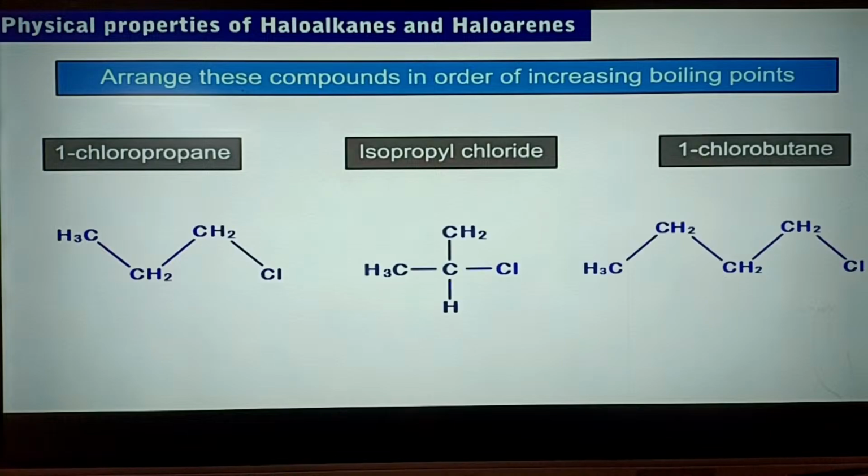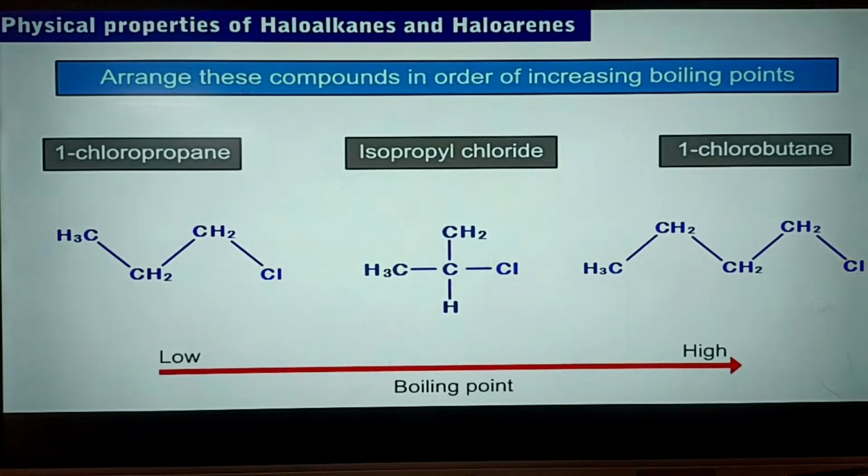Let's start by drawing the structure for each compound. All three structures contain one chlorine atom. Since the boiling point increases with an increase in the number of carbon atoms, we should expect 1-chlorobutane with its 4 carbon atoms to have the highest boiling point.